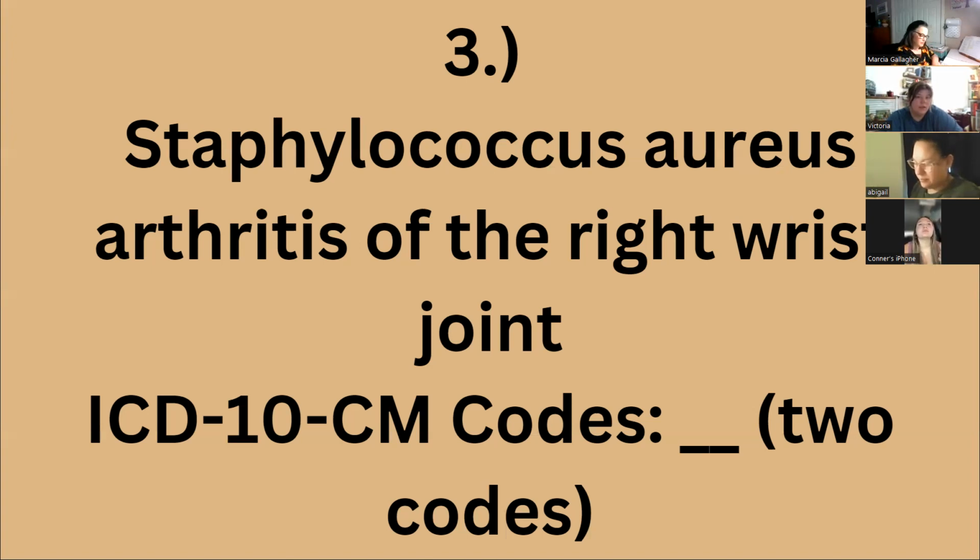I already did it. Victoria, you already did it. Yes, ma'am. Can you lead us to where you found Staphylococcus aureus? Tell us what you did. I looked up Staphylococcus, staphylococcal on page 431, and I looked under it for aureus or methicillin susceptible, and it gave me the code B95.61.